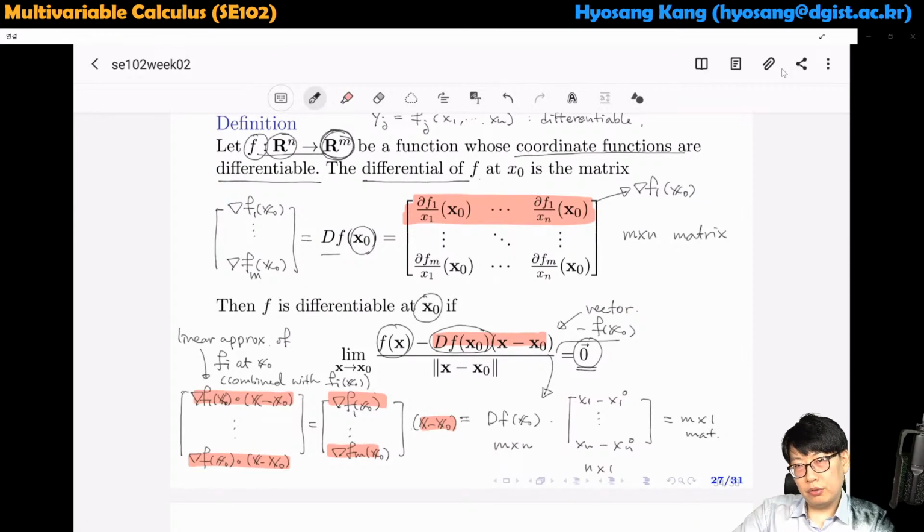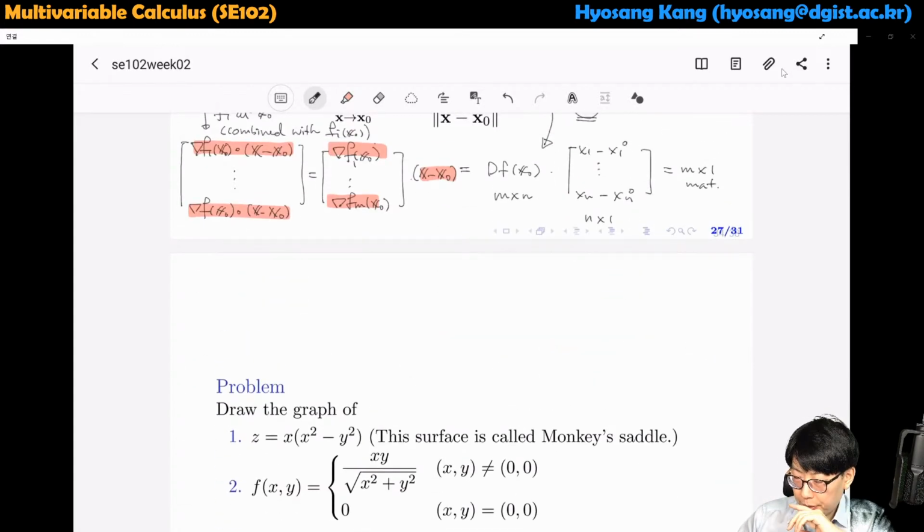Those functions are automatically differentiable unless you have 0 on the denominator or something weird like infinity happens. So you don't have to worry about whether the given function is differentiable or not. What you have to remember is that the differential of a multivariable function is not a slope or a number, but it's just a matrix.